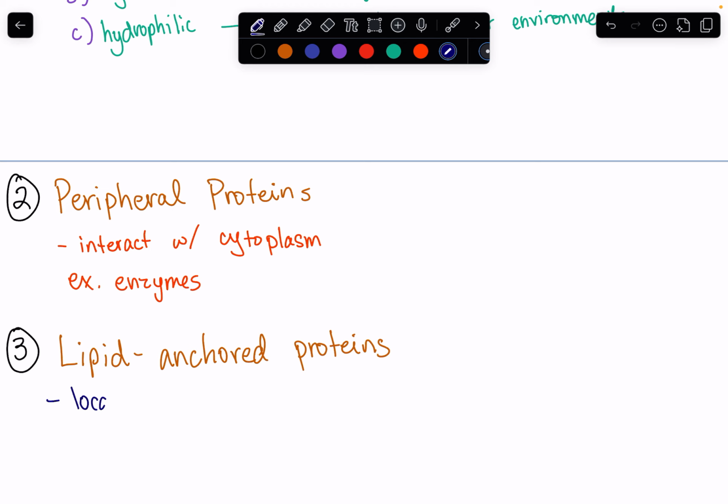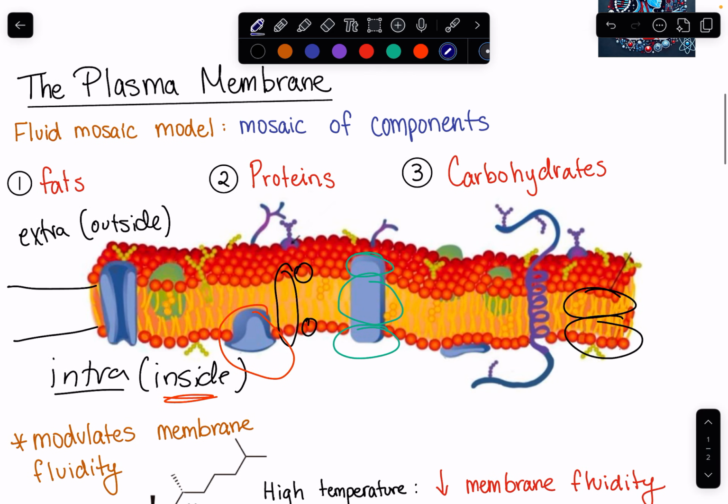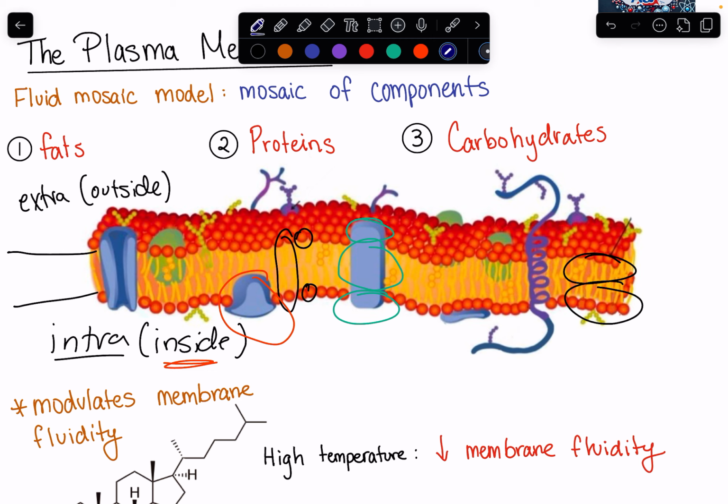First and foremost, they're going to be located on the surface of the cell, so that means on the extracellular side, and they're covalently bound to single or multiple lipid molecules that anchor proteins within the membrane, without contacting the membrane itself.